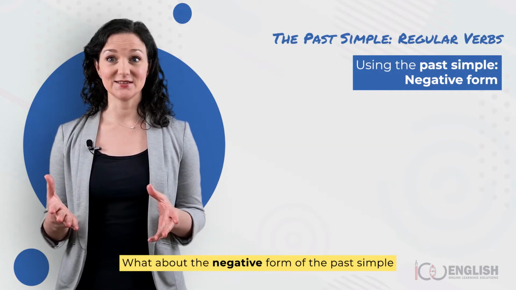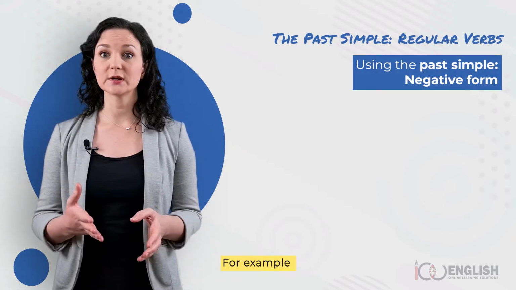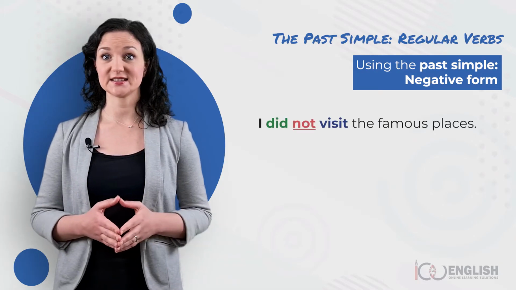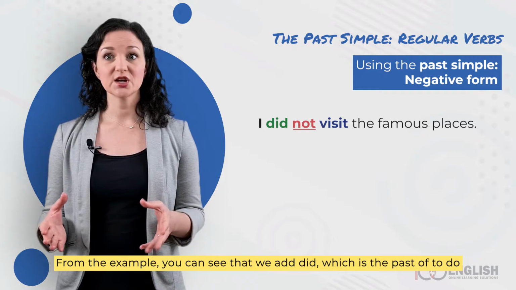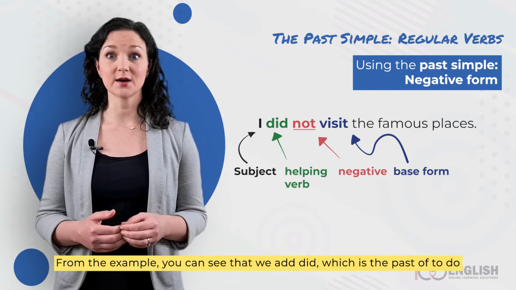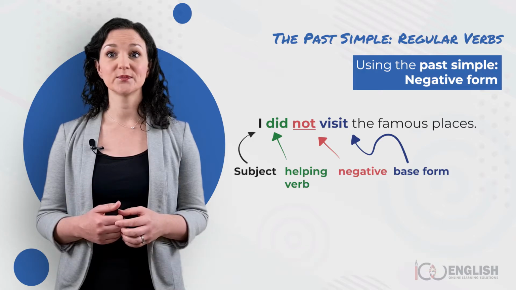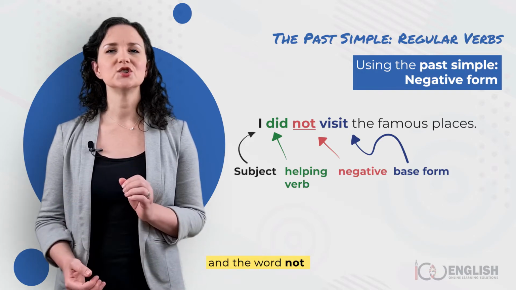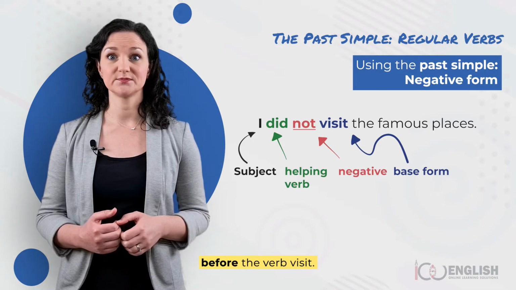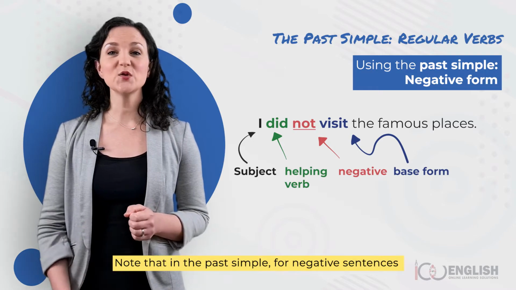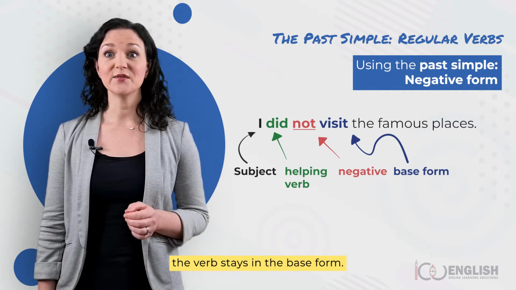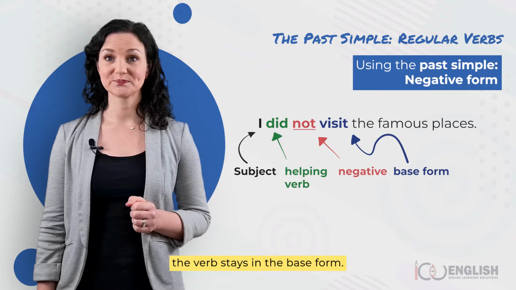What about the negative form of the past simple? For example, I did not visit the famous places. From the example, you can see that we add did, which is the past of do, and the word not before the verb visit. Note that in the past simple, for negative sentences, the verb stays in the base form.